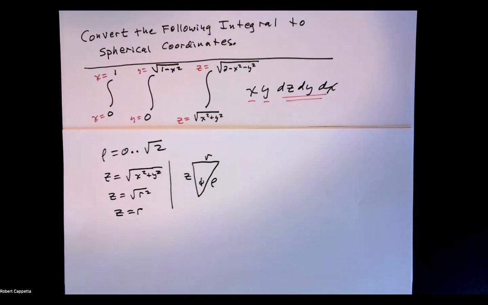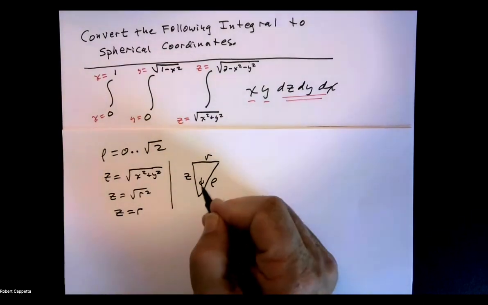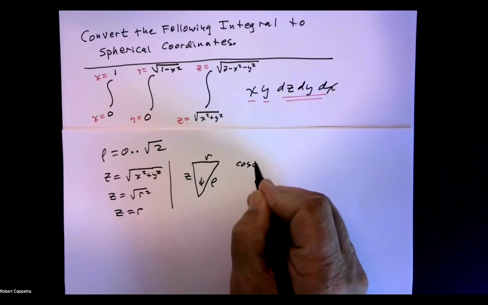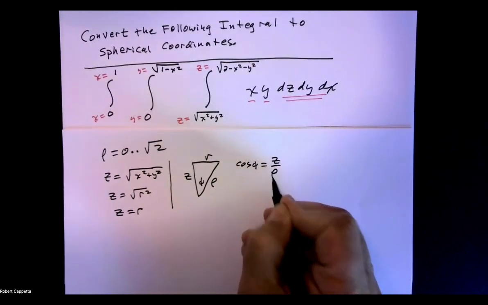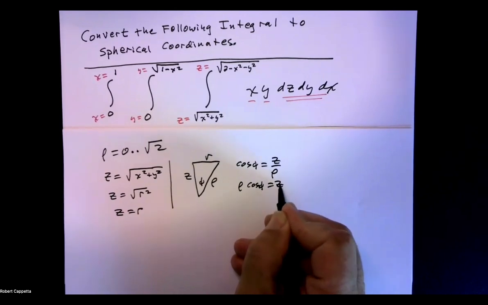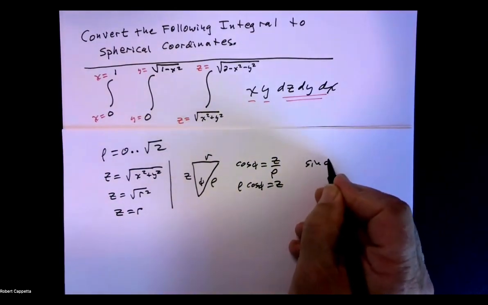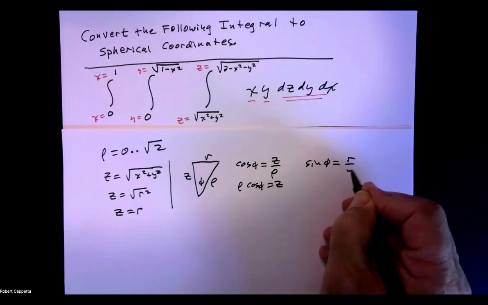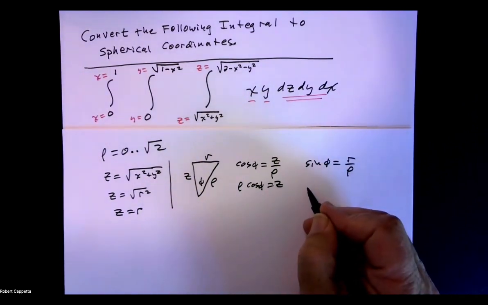And then what do we say about these two things? Again, cos phi is z over rho, so rho cos phi equals z. Sine phi equals r over rho, so rho sine phi equals r.